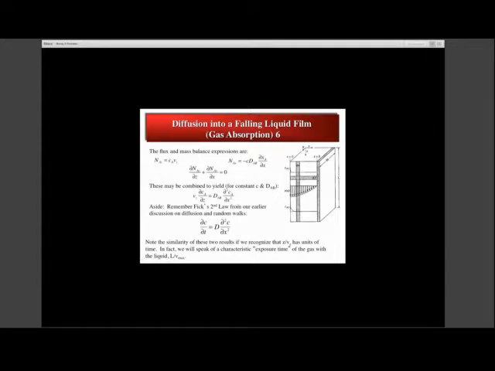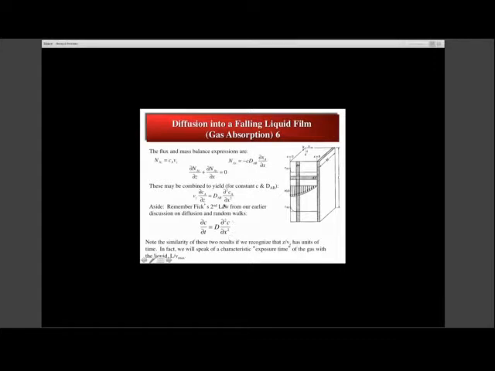And I want to give you a little foreshadowing of how we're going to compare this result in a moment by reminding you that when we had the initial lectures and talked about Fick's second law, talked about the random walk diffusion of dye in a tube as a function of time and position, we used this expression for the mass balance.